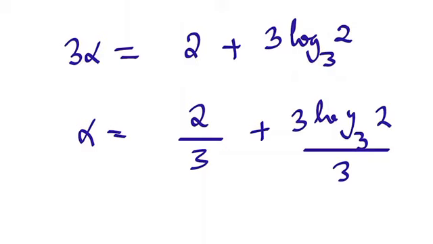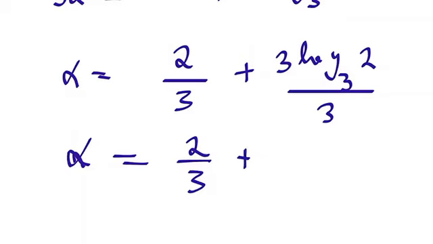So now alpha is going to be 2 over 3 plus, you can see that we cancel the 3, log base 3 of 2.